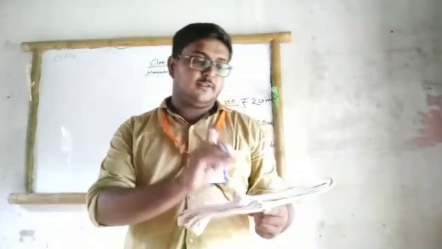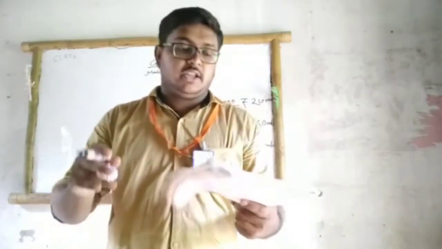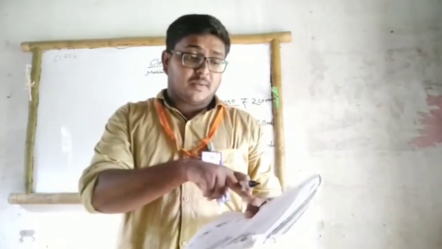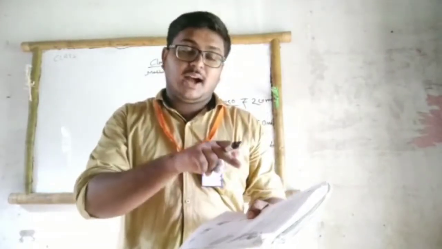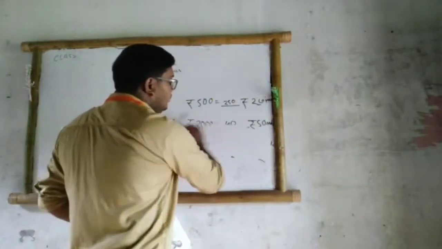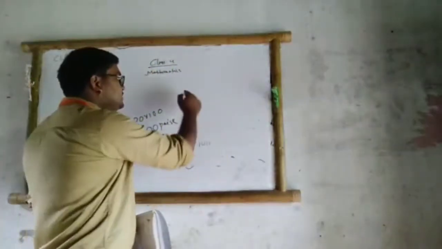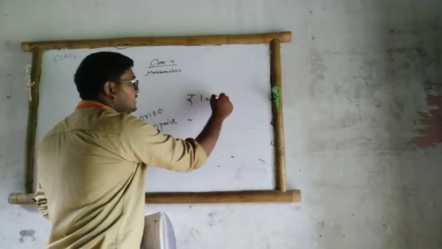If you want to convert rupees into paisa, you multiply this number by 100. We all know rupees 1 is equal to 100 paisa.